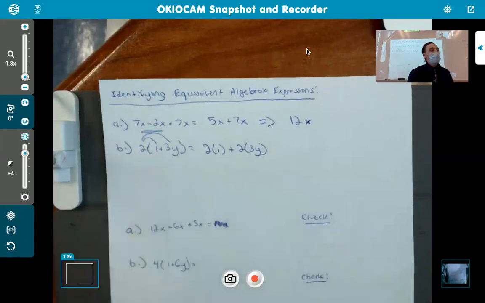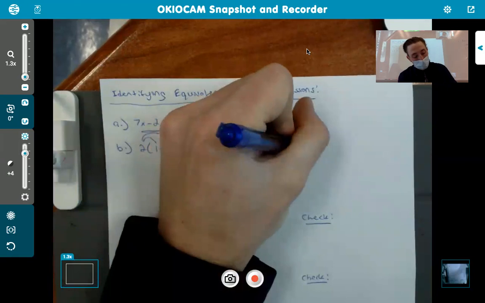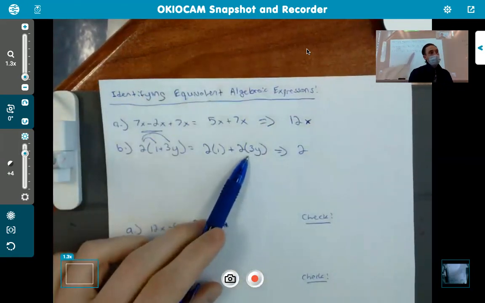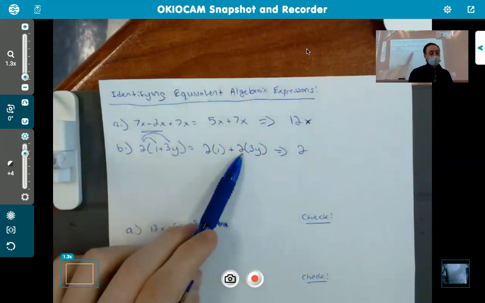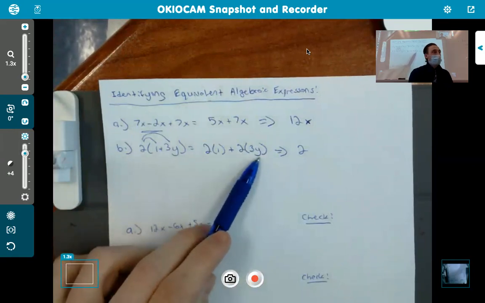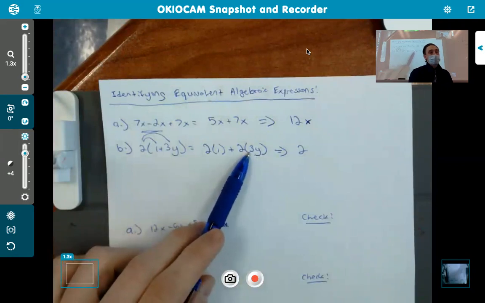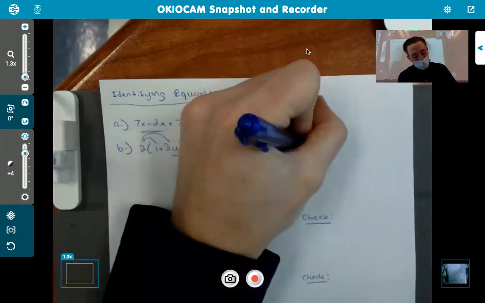Well, what's 2 times 1? Just 2, right? What's 2 times 3y? Remember, I just multiplied the numbers together and the variable tags along. 6y.